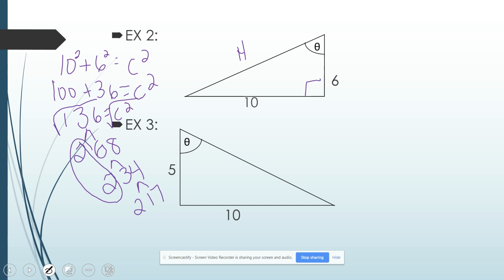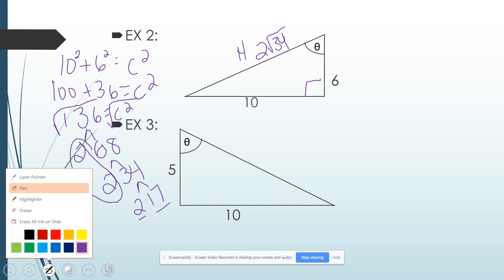So I can pull that pair of 2's out. The 2 and the 17 down here stay underneath the radical. So our hypotenuse exact value is 2 times the square root of 34.